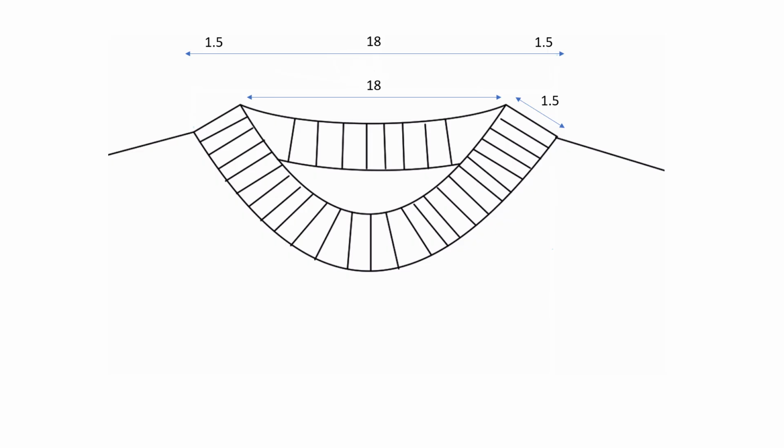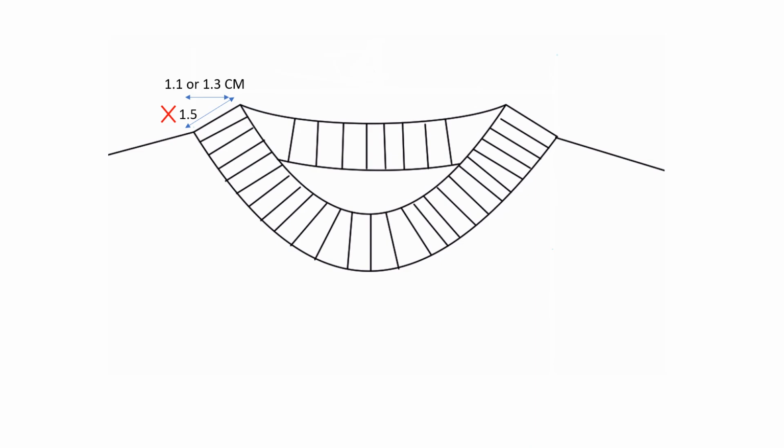And so, the seam to seam measurement shall be 21 centimeters. Because of the edge so formed at the point where measurement must be taken, the neck tape will never measure exactly 1.5 centimeters. It can be anywhere between 1.1 to 1.3 centimeters.